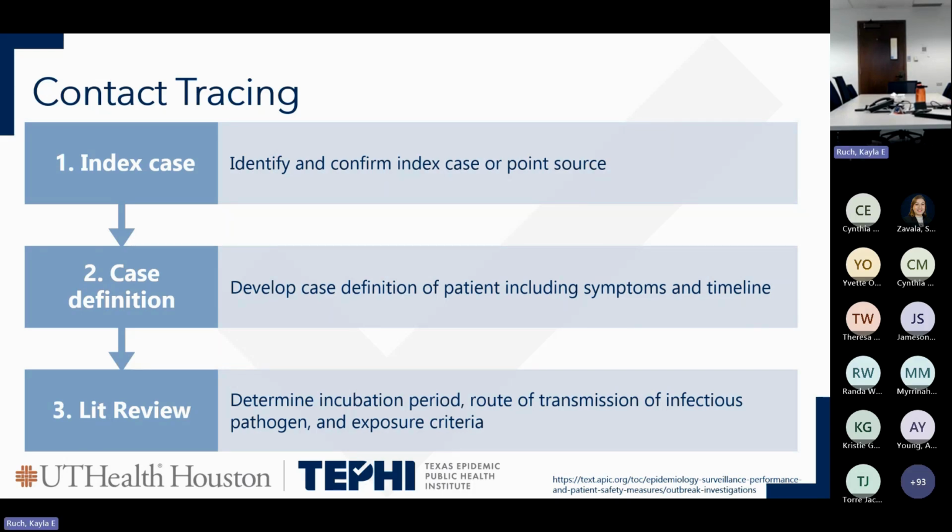And then also knowing the route of transmission for the pathogen, if it's within 6 feet, within 1 foot, in the same room, having that close contact, that physical touch, sharing devices, all of that will go into ruling out if people have been exposed or not. And therefore, you are testing and providing treatment to the appropriate identified individuals that have the highest risk.